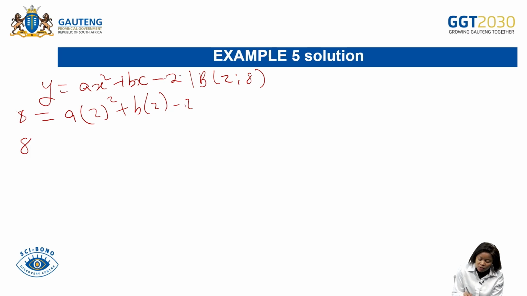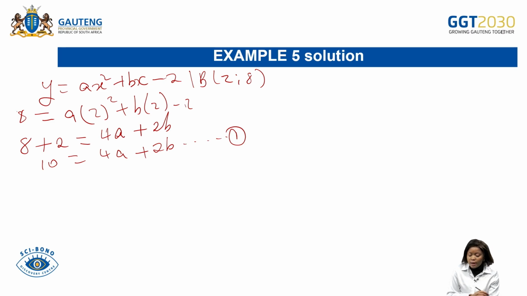Let's take the negative 2 to the other side. It becomes positive 2, which equals 2 squared, so 4a, and then 2 times b, which is 2b. So it's going to be 10 equals 4a plus 2b. This is equation 1.